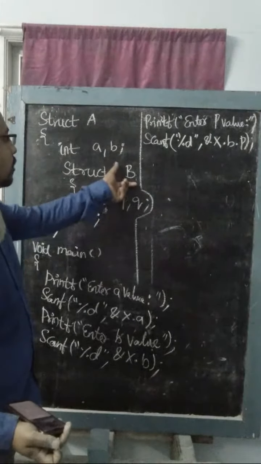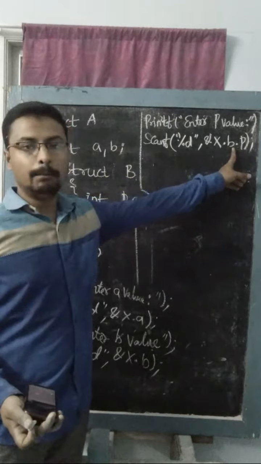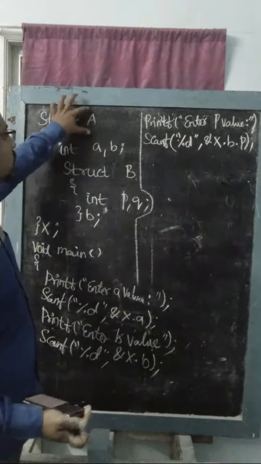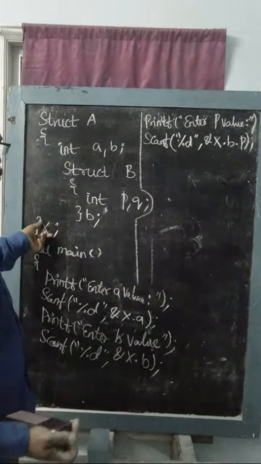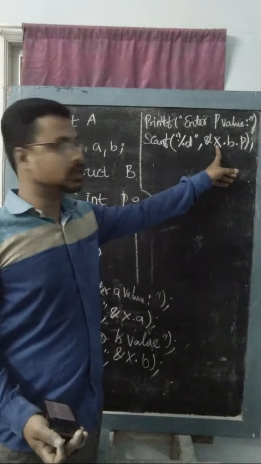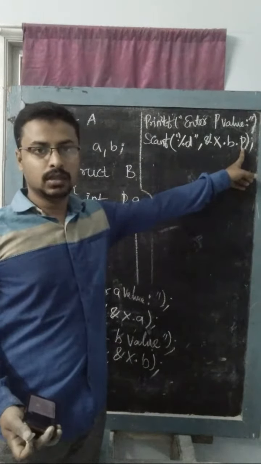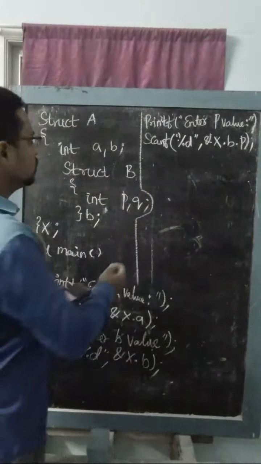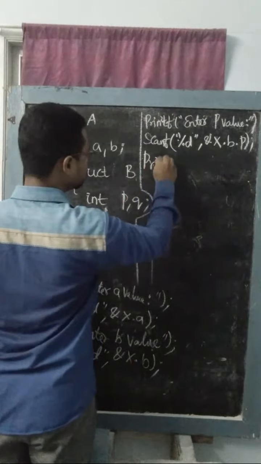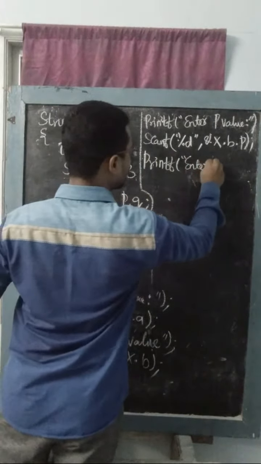P is the element of the B structure, so we wrote B dot P. And structure B is the element of the structure A, so we have to use an object X. X is the outer object, B is the inner object. After that we have to use a variable name. The same way for Q also. Printf, enter Q value.